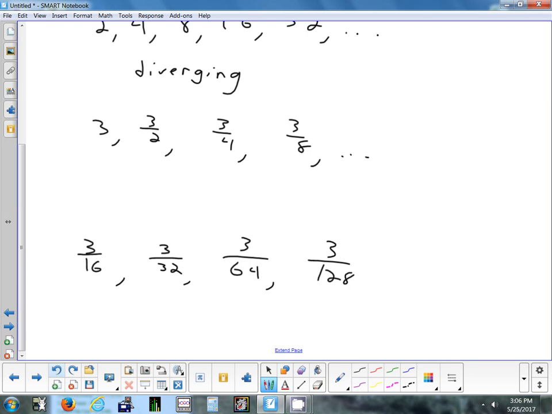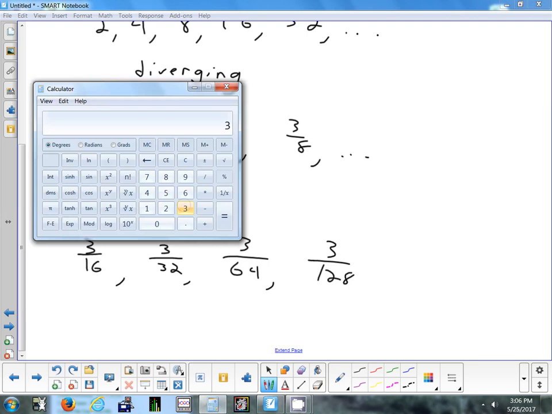So what's happening is it's converging, and specifically, the terms are converging to the number 0. Because if you just keep taking half of something each time, eventually it's getting so small that it's almost 0.